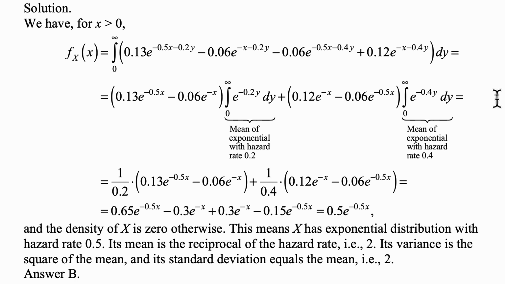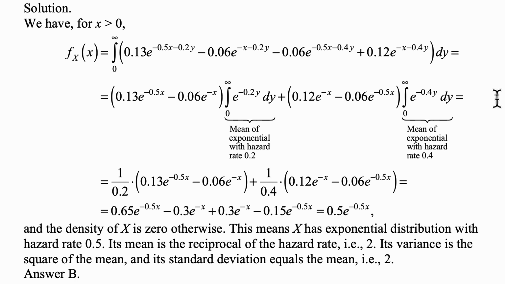So we multiply it all out and we get 0.65 e to the minus 0.5x minus 0.3 e to the minus x plus 0.3 e to the minus x minus 0.15 e to the minus 0.5x. And this simplifies to 0.5 e to the minus 0.5x, and the density is 0 otherwise. This is the density of an exponential distribution with hazard rate 0.5.